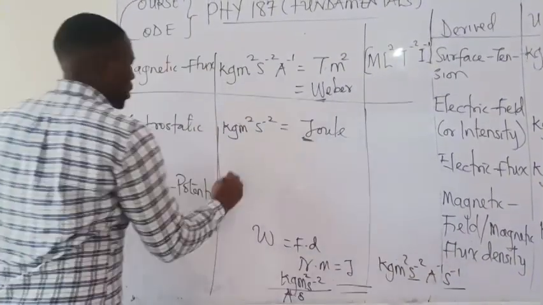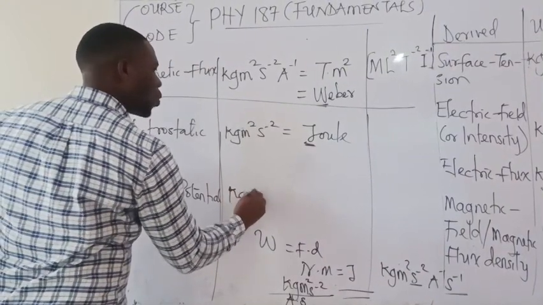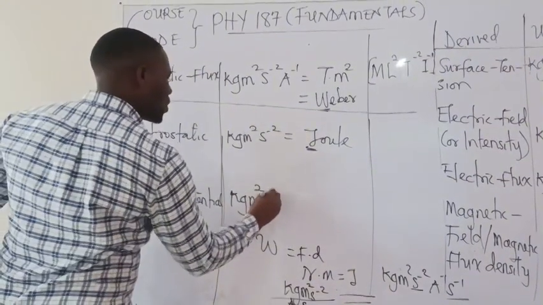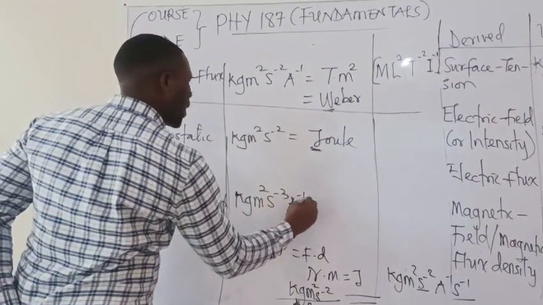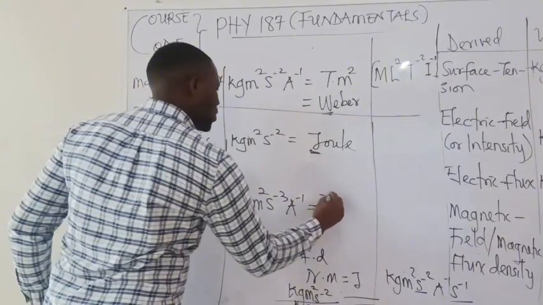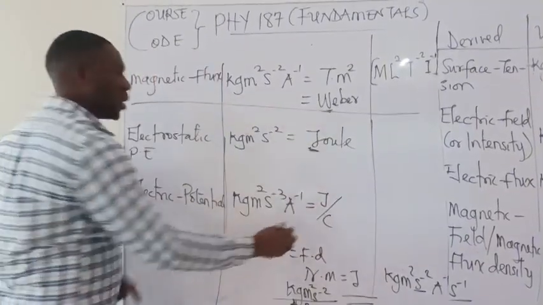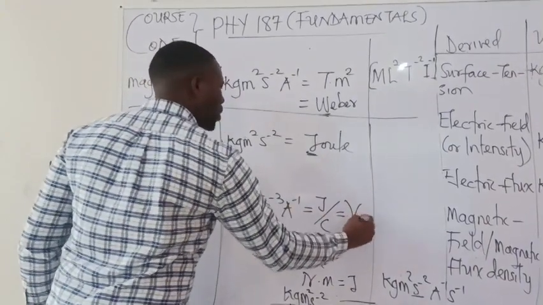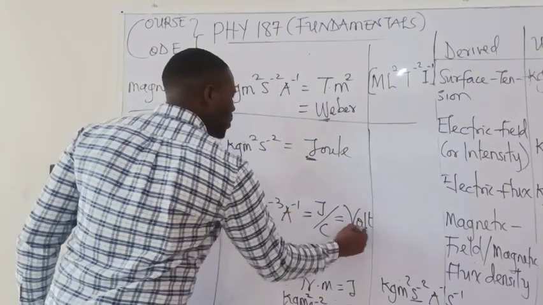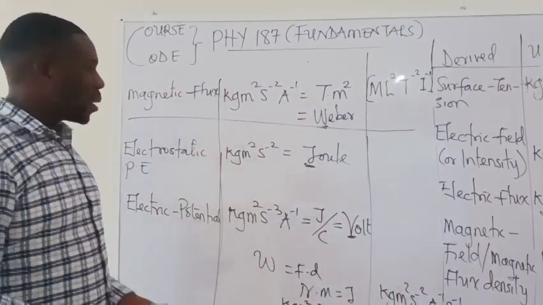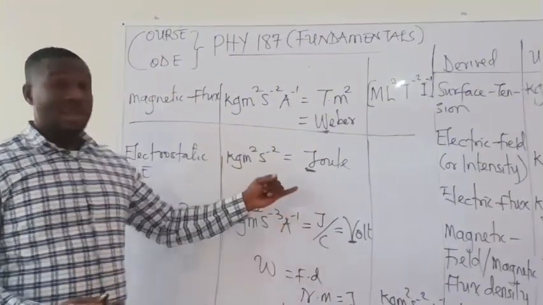This gives us kilogram meter squared second raised to power minus 3, then per ampere. And of course, this is defined as joule per coulomb, work done per unit charge. And of course, the official unit would be volts, named after the great Alessandro Volta.